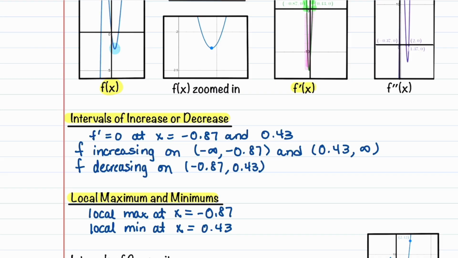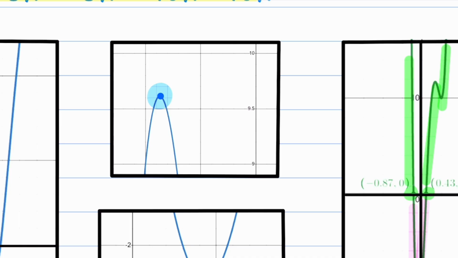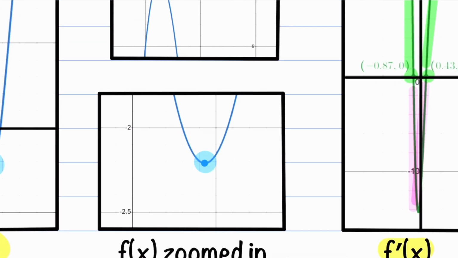To do this, you have to go to your graph of f of x and you have to zoom in. This top graph right here is zoomed in around our local max, and I'm going to zoom in further, and you can see that it is approximately 9.6. And then if we go down here, this graph is zoomed in around our local min, and you can see that that local min is about minus 2.2.